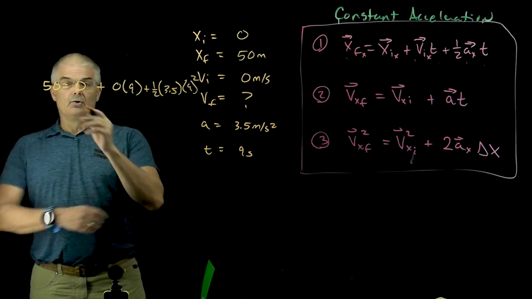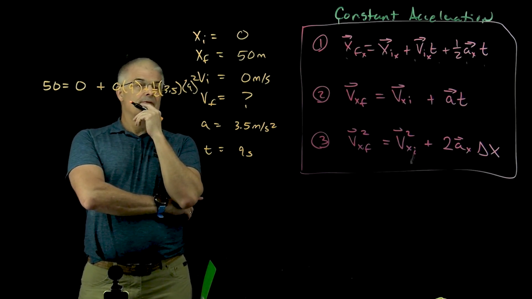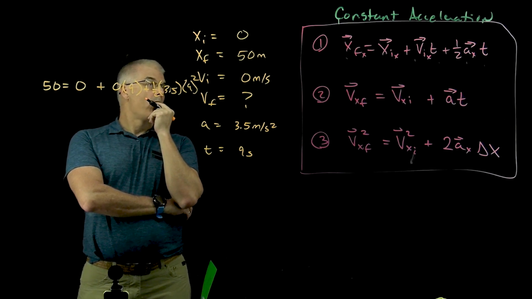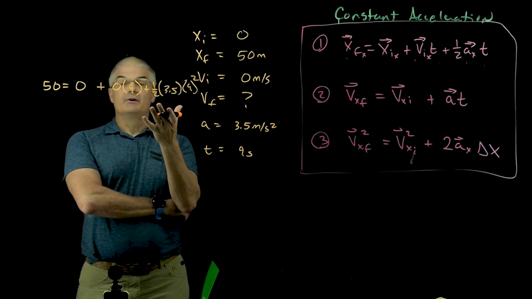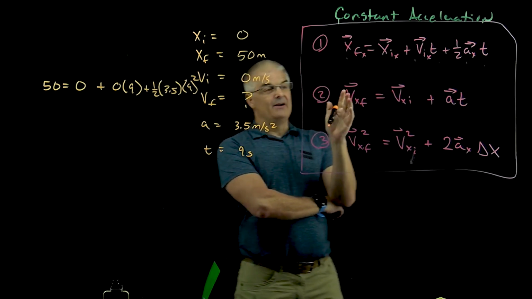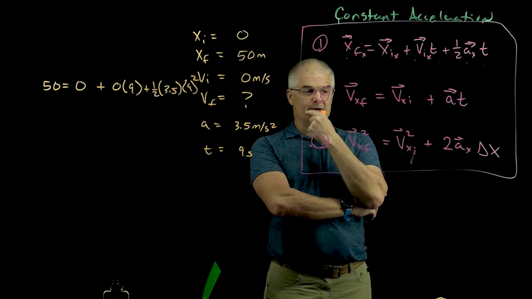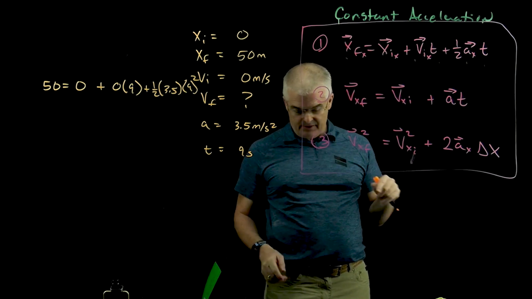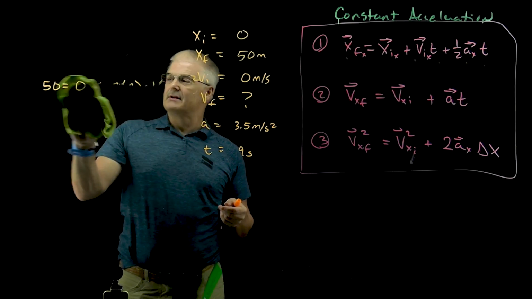And the goal is to find, what do I want to find? The final velocity. All right, so I've chosen the wrong equation because I want to find the final velocity. So I want to use equation 2 here, don't I? Totally want to use equation 2. So ignore that moment.